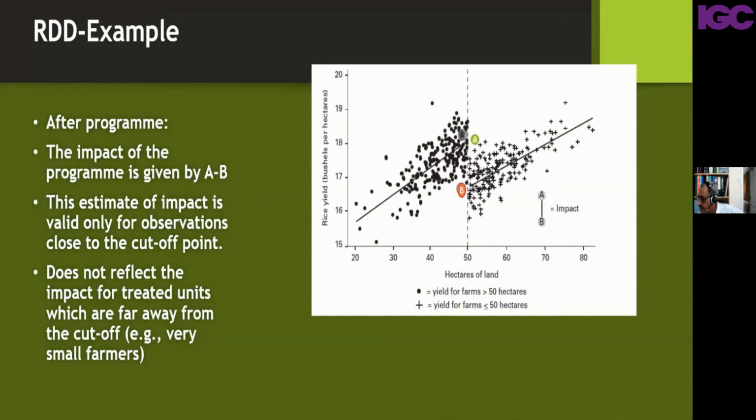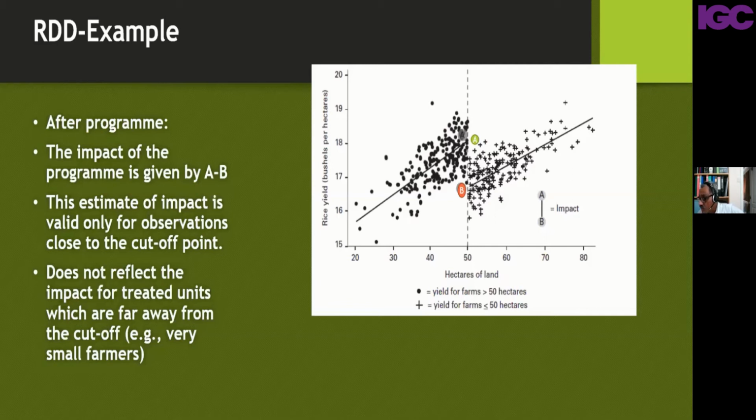And the difference in the intercept terms, which is A minus B, gives you the estimate of the impact of the program. So A minus B is the effect of the program in terms of the increase in rice yields. So your rice yields increase by A minus B as a result of program participation.